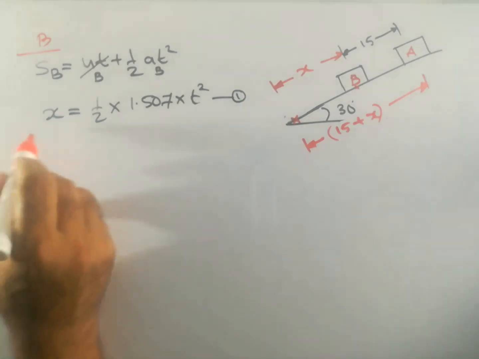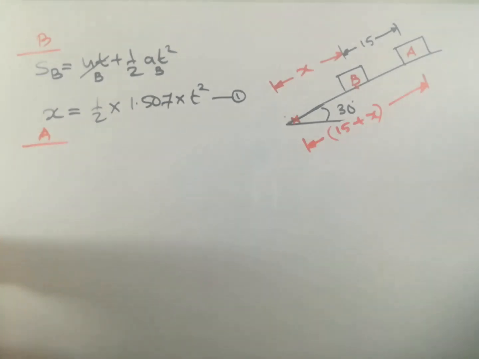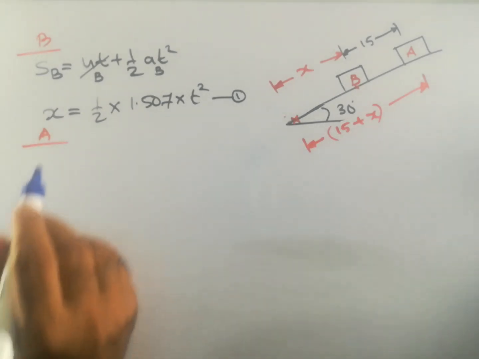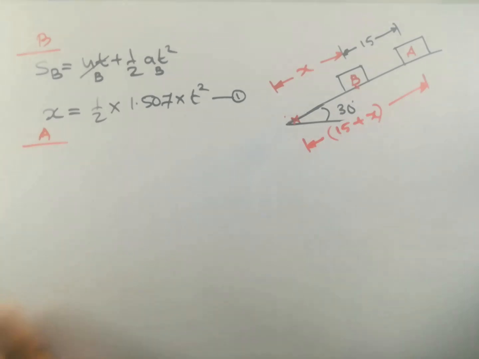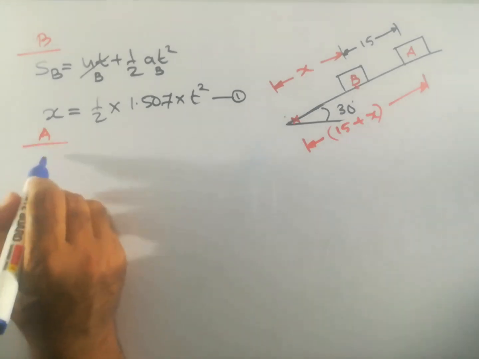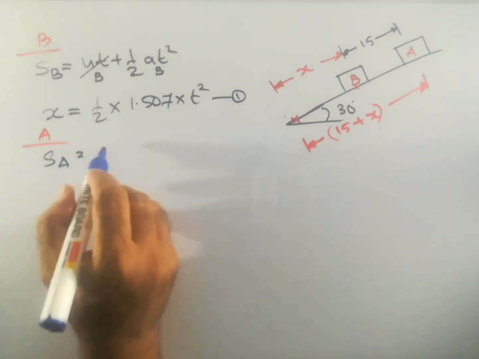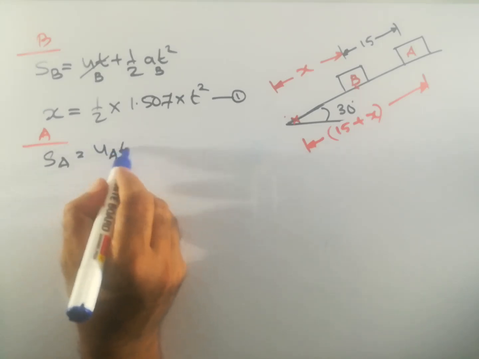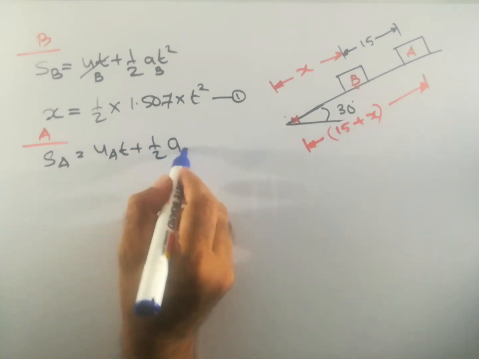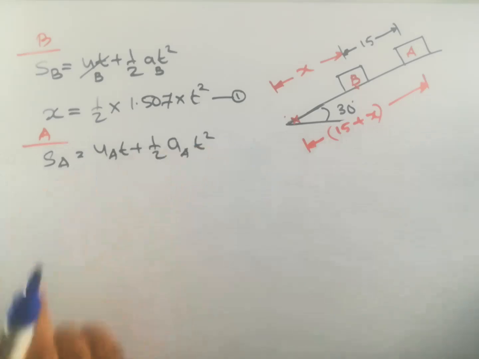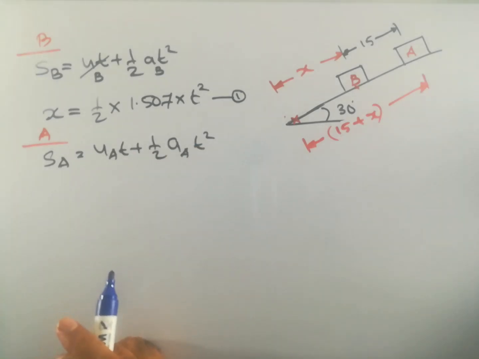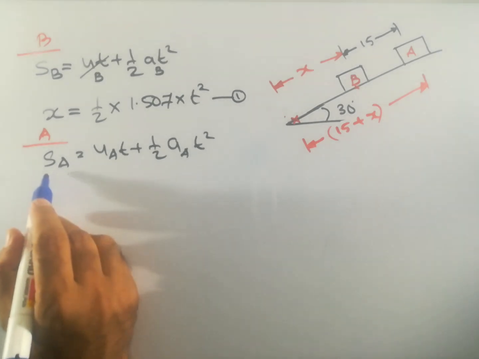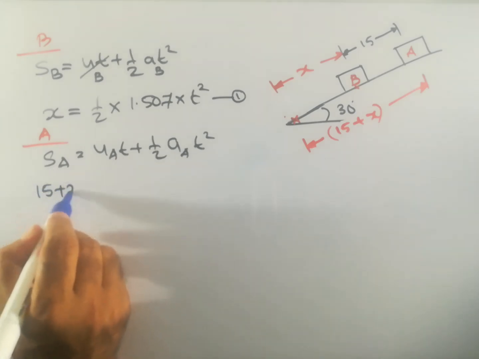Then for block A, apply the same equation. SA equals UA into t plus half AA into t square, because t is the same for both A and B, and UA is the initial velocity of A and AA is the acceleration of block A. Here SA, we know the value, it is 15 plus x.